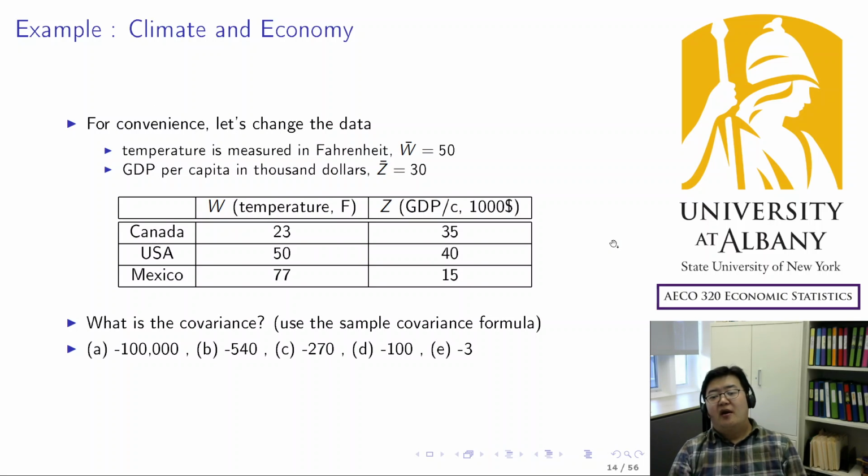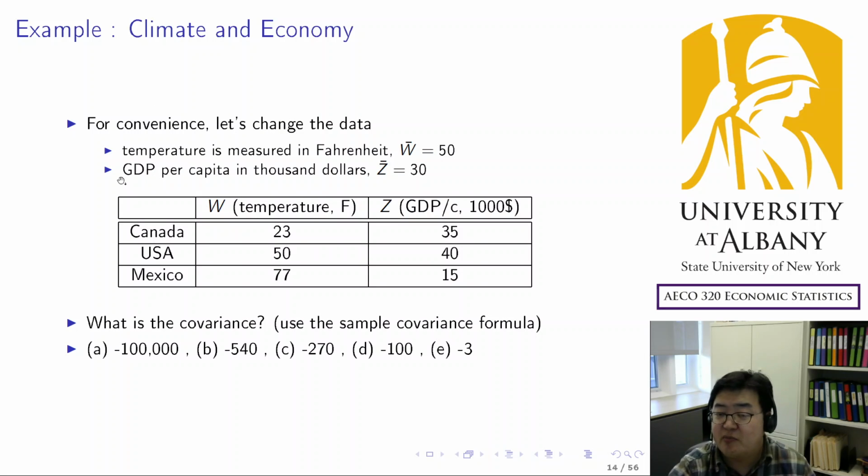So now I'm going to give you a chance to do your own exercise. What I'm going to do is transform the data first from Celsius to Fahrenheit, right? If you do the transformation, it becomes 23, 50, and 77 Fahrenheit. The average temperature becomes like this. And then I will change the GDP per capita by deleting 3 zeros.